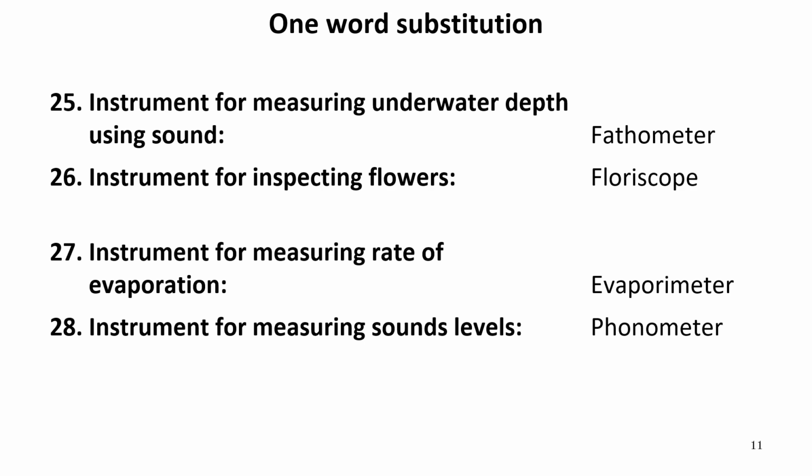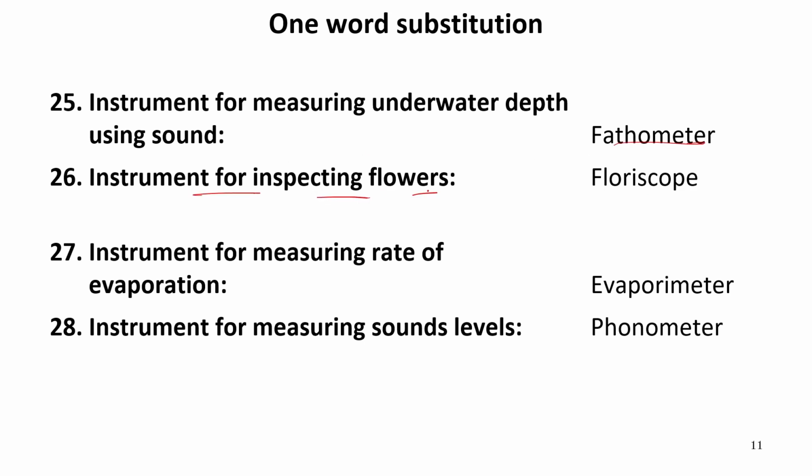For example, whatever the sound we hear, with the help of that, we try to find out the depth of that particular water surface or water body. That is known as fathometer, the instrument with which we measure the depth of a sea or any water body with the help of sound. So that is fathometer. Now let us move to the next one.